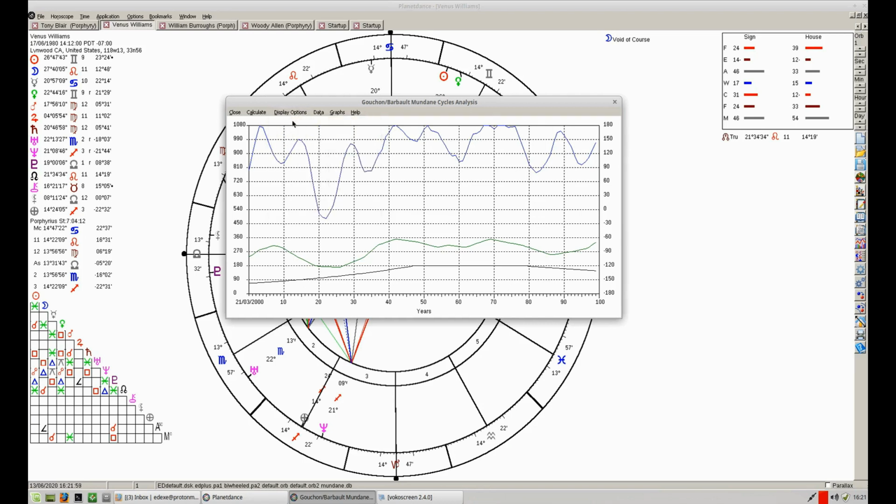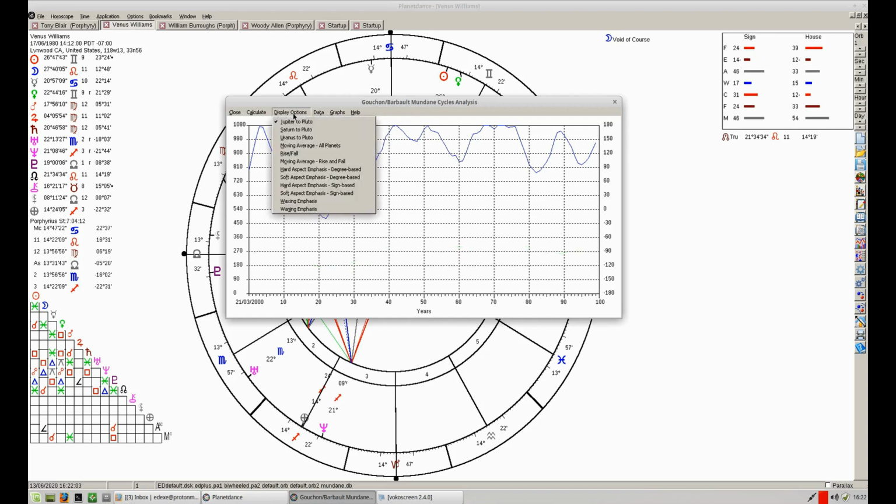These curves can be switched on and off as you wish, and you can also display other data, for example the line of moving average for all of the planets, Jupiter through Pluto. This pink or rose-coloured line evens out the more acute rises and falls over a 10-year period and displays a smoother curve.